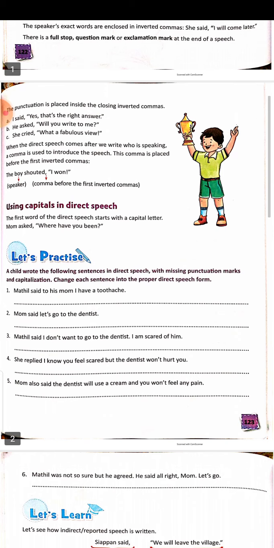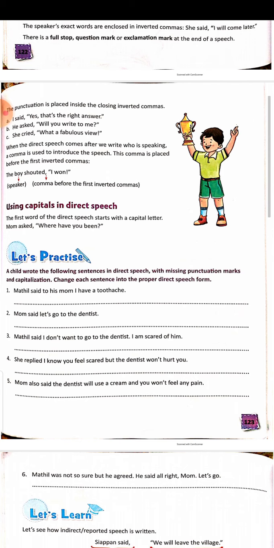Next, a child wrote the following sentences in direct speech with missing punctuation marks and capitalization. Change each sentence into the proper direct speech form. Okay. Mathil said to his mom, I have a toothache.